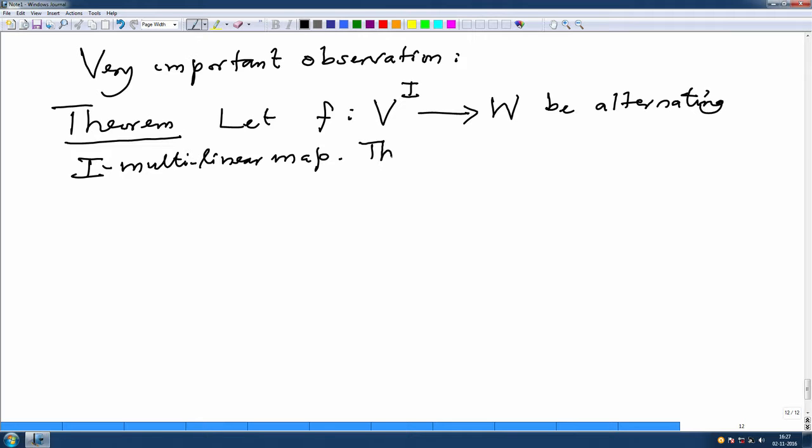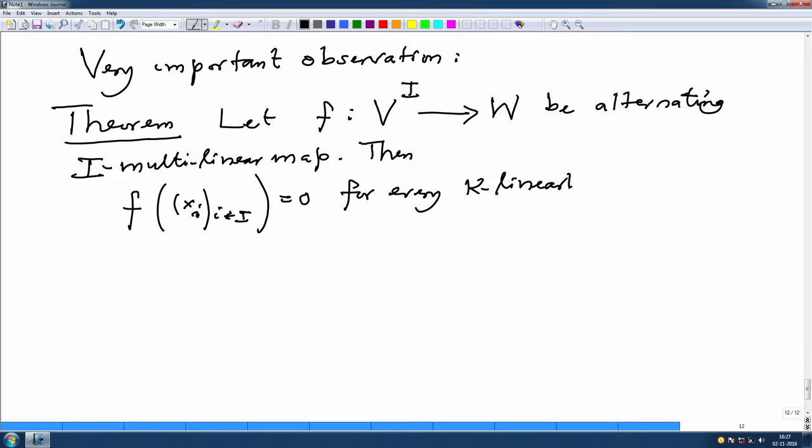Then f of a tuple xi is 0 for every k linearly dependent I tuple xi.